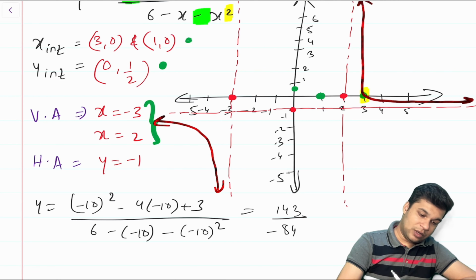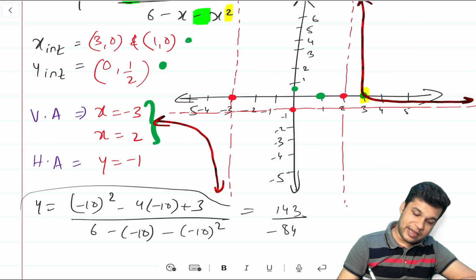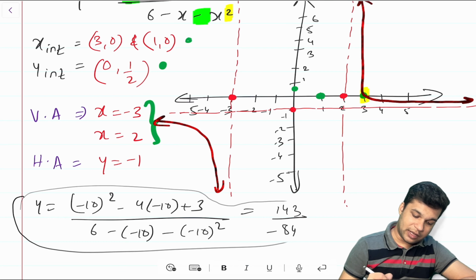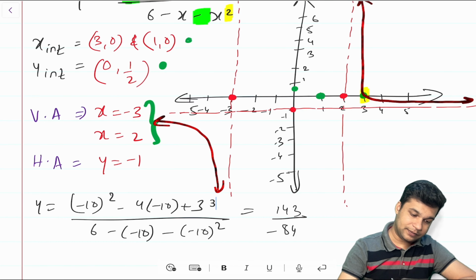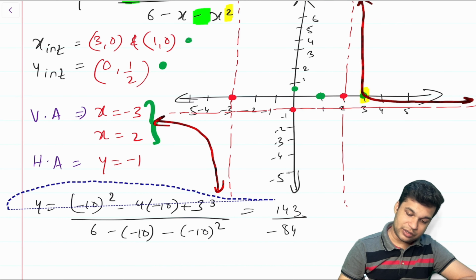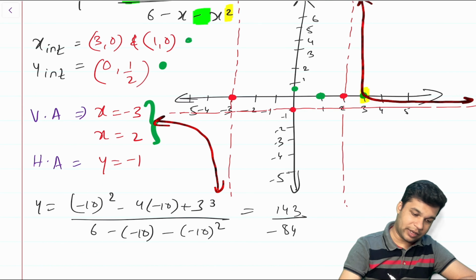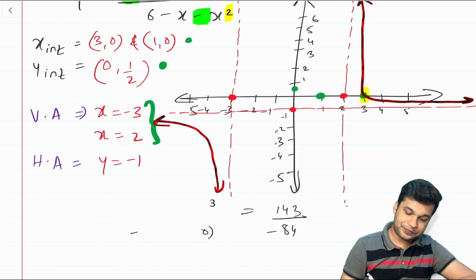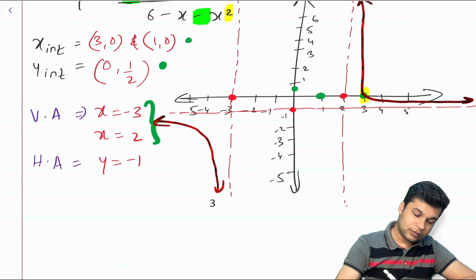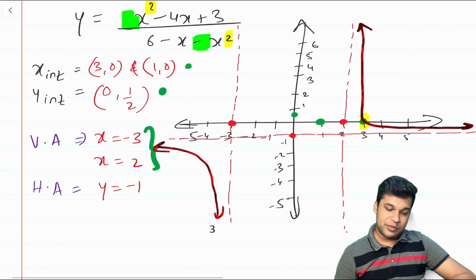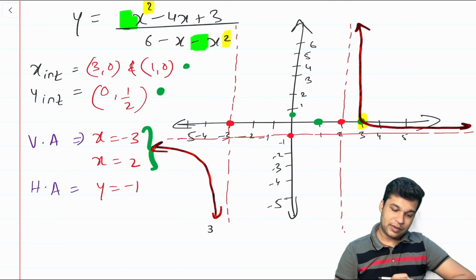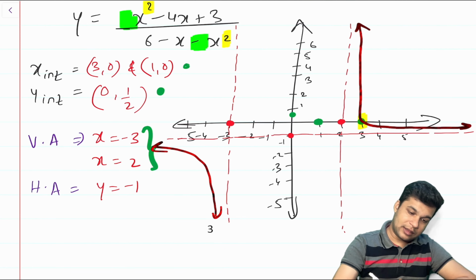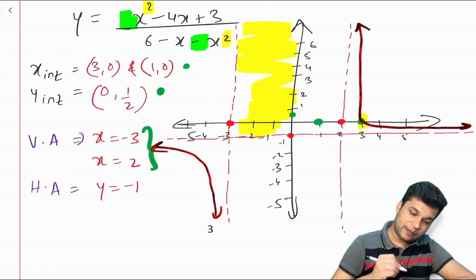Okay. Now we will be dealing with a very critical region. Let me erase this first. Now if you observe, you have to find the graph in this region, and then you have to find the graph in this region.